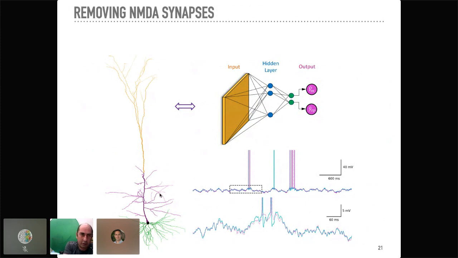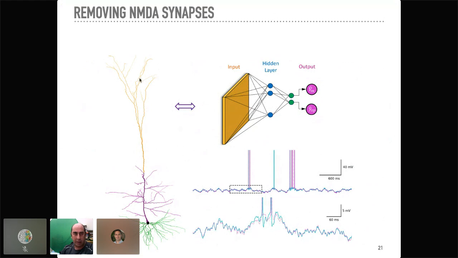We were shocked to see that if we remove the NMDA conductances from the dendrites and replace them with AMPA-like conductances, so the total conductance is more or less the same, but we don't have the nonlinearity of the NMDA currents, then a network with even one hidden layer is enough to get the same amount of accuracy as the original model, a 7-layer network for the NMDA model.